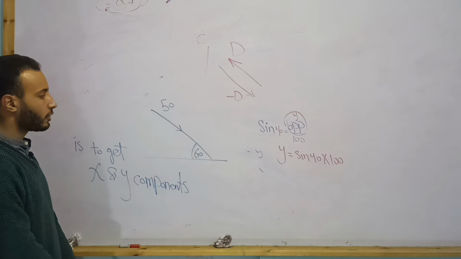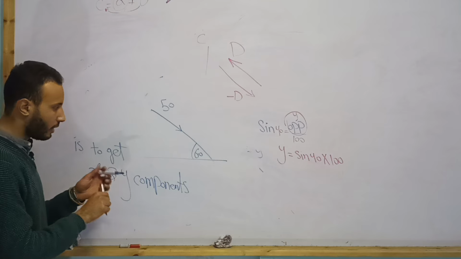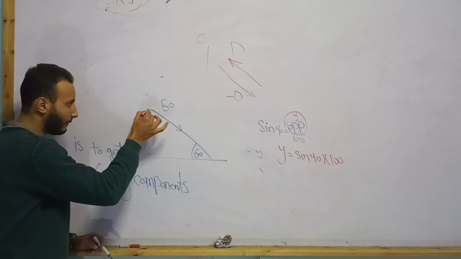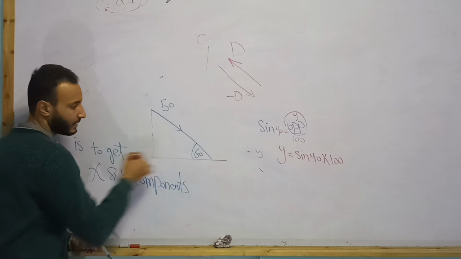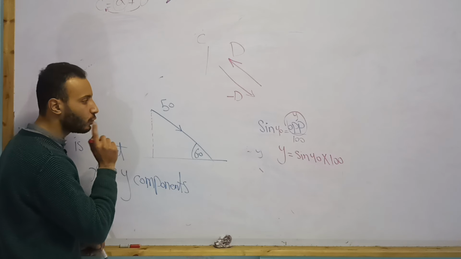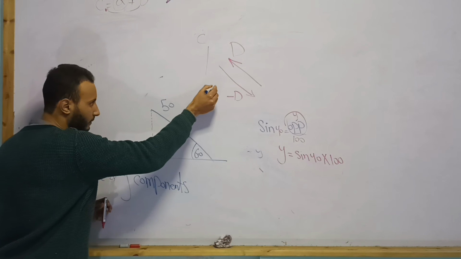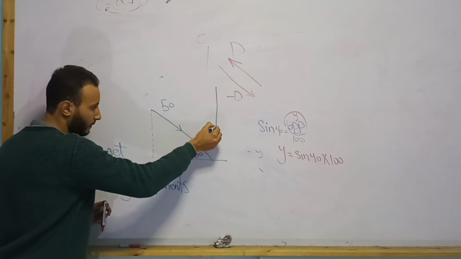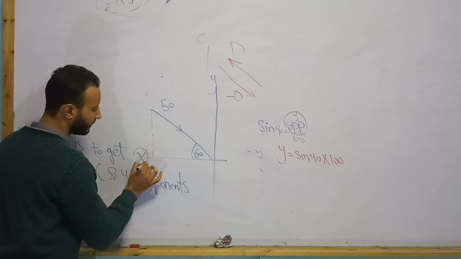Okay? So how we can get the x component and the y component? I said to get the x, you have to make a perpendicular line to the x-axis. This is x-axis. And to get the y, you have to make a perpendicular line to the y-axis. Where is the y anyway? This is the y-axis. Right? This is the y, and this is the x-axis.